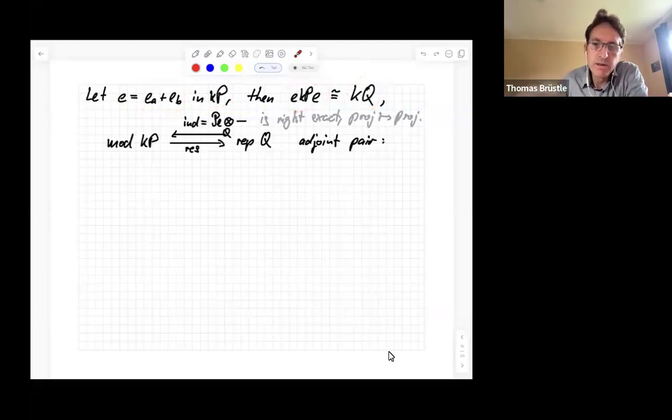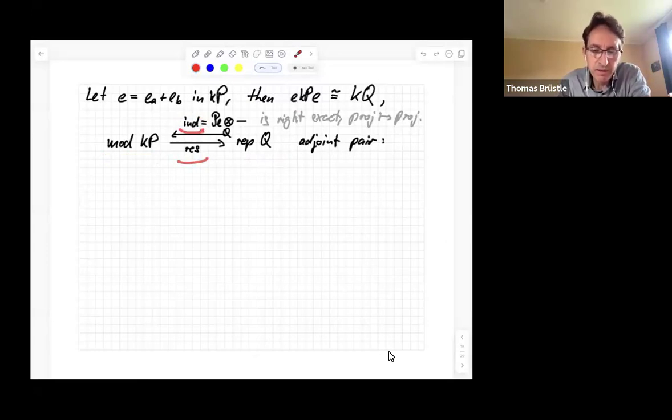Associated with such an idempotent there is a bunch of functors. I can go from the larger poset representations to the smaller poset representations by the restriction functor. But the restriction functor has functors in the reverse direction. There is one functor that goes back from representations over Q into modules over KP. This, the adjoint functor of restriction, is called induction.